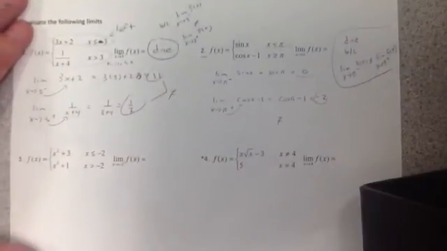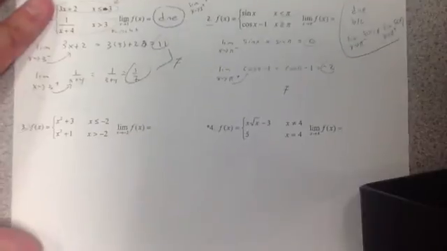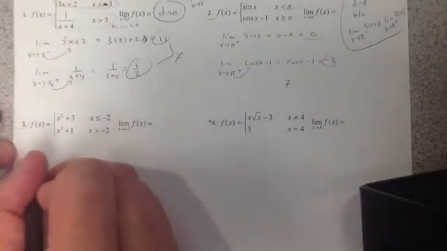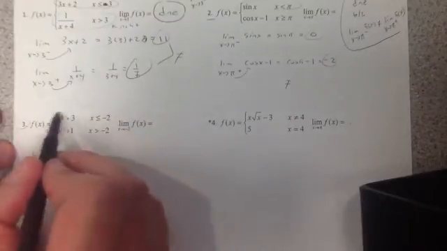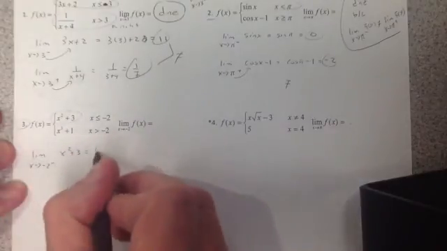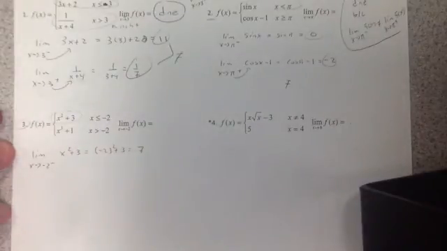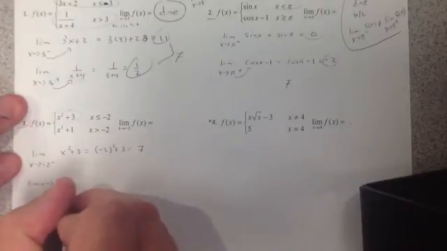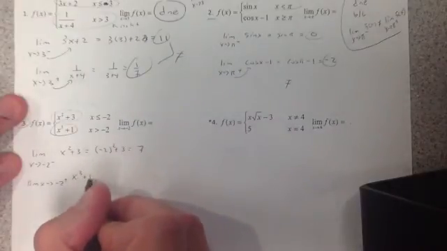So let's try 3 and 4 real quickly. Let's try number 3 here. We take the limit as x approaches negative 2 from the left. Again, that's going to put me on the top one, x squared plus 3. Be careful. This is negative 2 squared plus 3, and that becomes 7. Take the limit as x approaches negative 2 from the right. That puts us on the bottom one, x cubed plus 1.